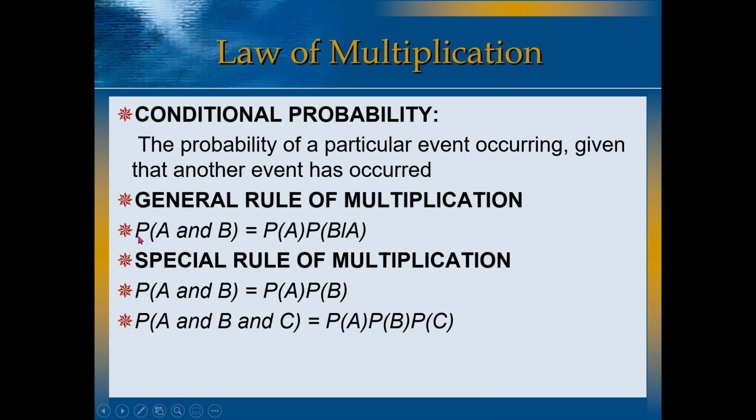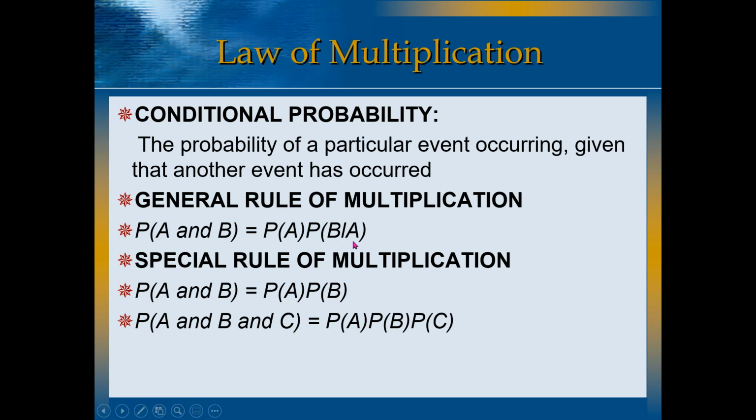For example, if there are two events, A and B, and we know that B is dependent upon A, then the rule of multiplication says that we use the simple probability of A, that is the simple probability of the first event, followed by the conditional probability of the second event. This is read as probability of B given A, which is the conditional probability of event B given that event A has already occurred.